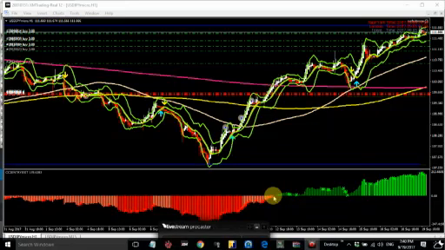MACD all depends on the settings. But the setting you see here is CCI 200 period, based on this 200-period moving average. When you see this CCI above this zero, it's telling you that the price is above this 200 moving average.